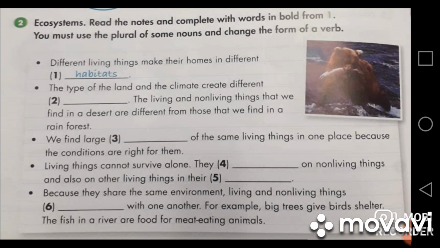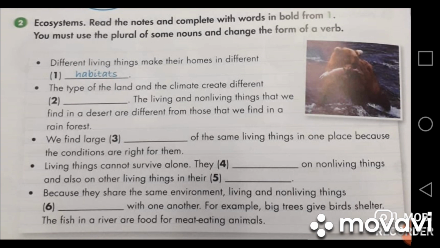You will write ecosystems in blank number 2. The living and non-living things that we found in a desert are different from those that are found in a rainforest. We find large dash of same living things in one place because the conditions are right for them. You will write populations in blank number 3.